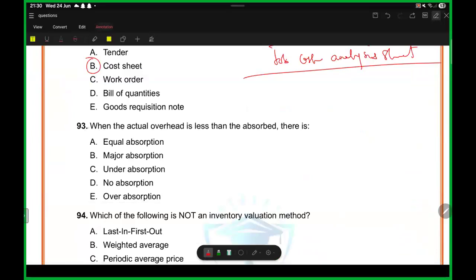All right. So 93, when actual is less than the absorbed. So when we're doing that absorption, and then the budgeted, the absorbed I'll write is budgeted overhead.